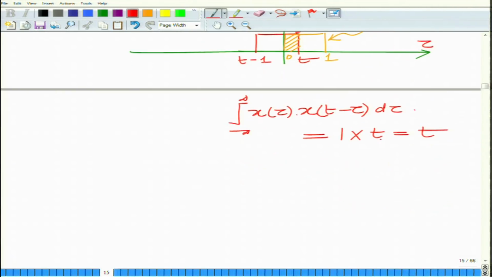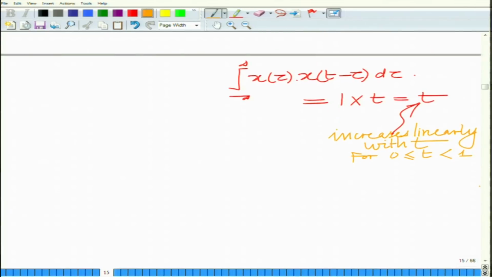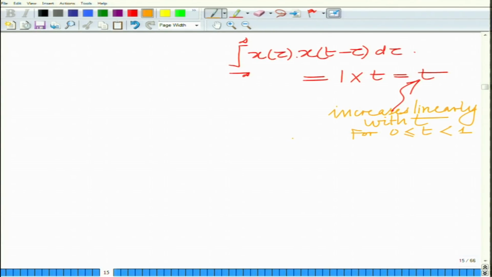Okay. And therefore, this increases linearly with t for 0 less than or equal to t less than 1. Now, for t greater than 1, it decreases again.